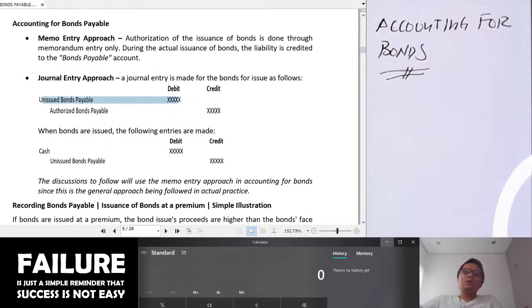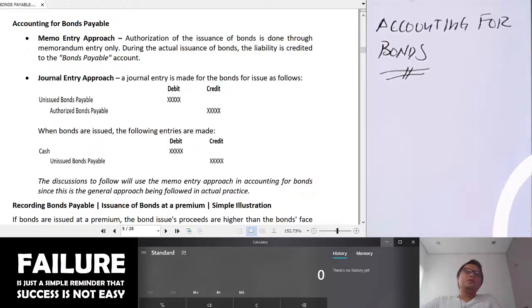Accounting for bonds payable. Generally, there are two accepted approaches. We have the memo entry approach, and we also have the journal entry approach.